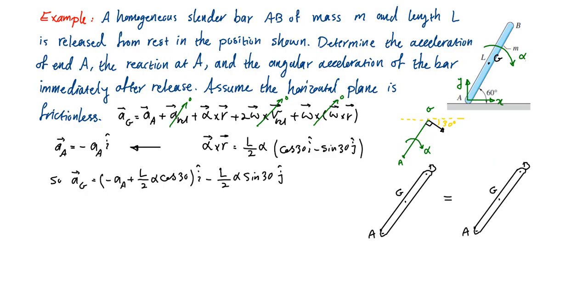Forces, well, I have gravity, the effect of weight, so mg is exactly on the center of mass, center of gravity, mg. I should put reaction forces on A. Usually I put two, one in y and one in x direction, but in this case I'm told that there is no friction.